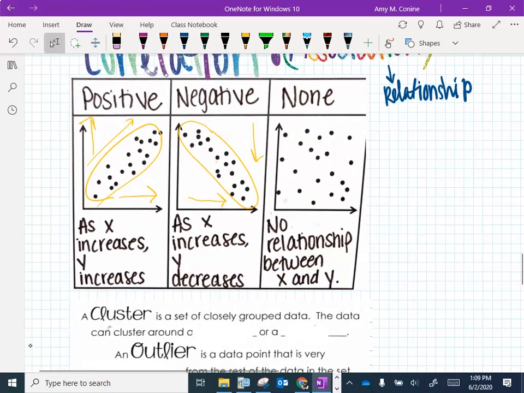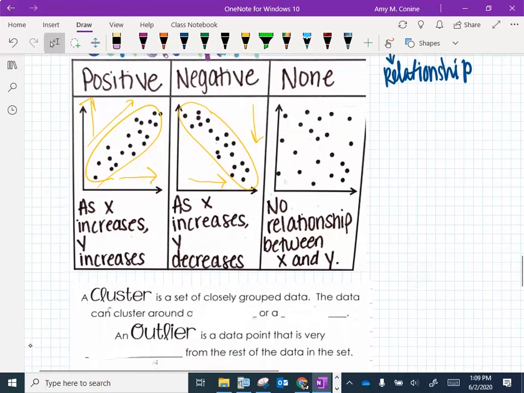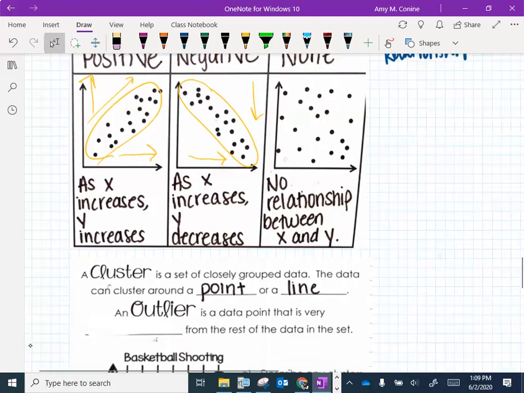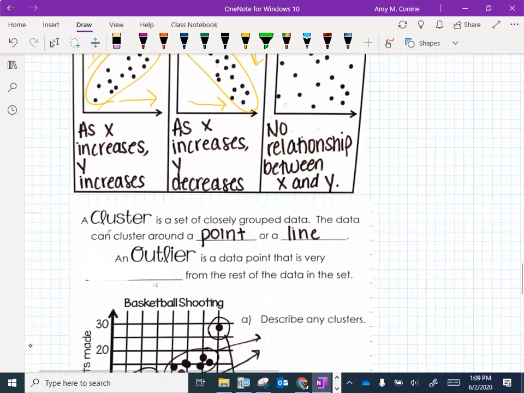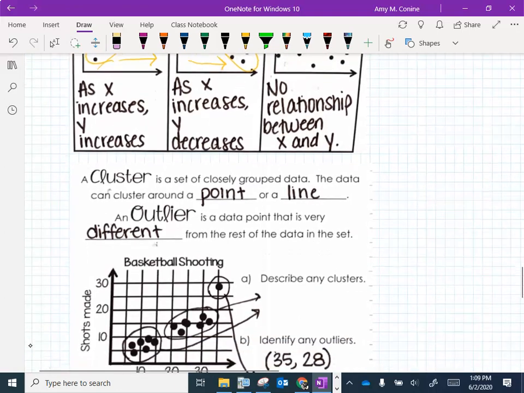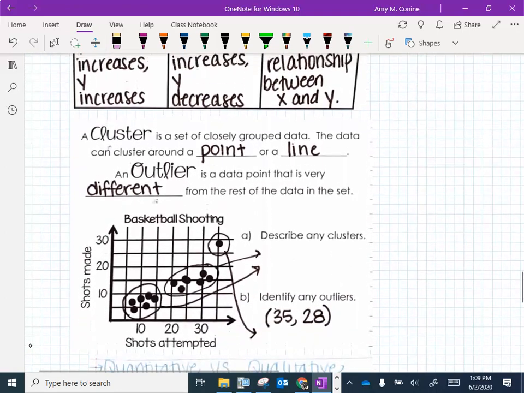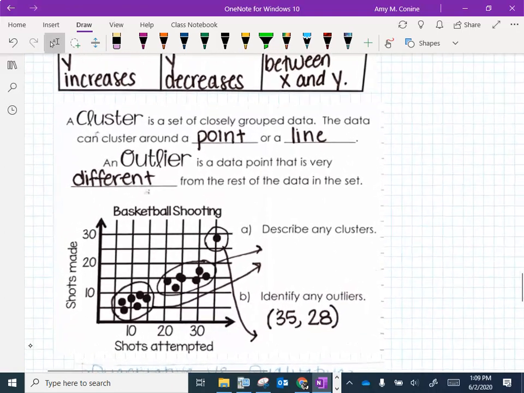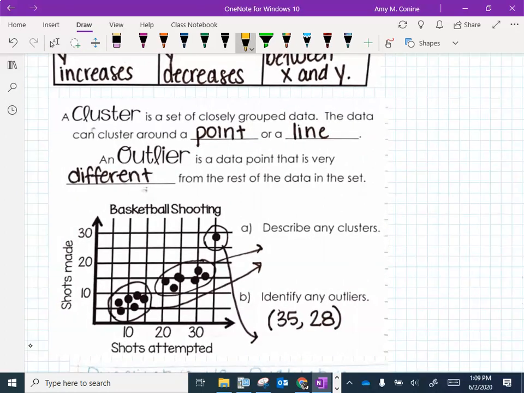So the next thing I want to talk about is what a cluster and outlier mean. A cluster is a set of closely grouped data. So, like a group, a bunch. The data can cluster around a point or a line. And then an outlier is a data point that is very different from the rest of the data. I want you to take a look at this example right here. We've got basketball, shots attempted, and shots made.